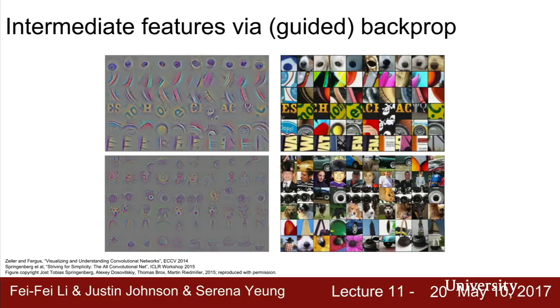Remember, for the example at the top, we thought this neuron is maybe looking for circle-y things in the input patch, because there were a lot of circle-y patches. When we look at guided backpropagation, we can see that that intuition is somewhat confirmed, because it is indeed the circle-y parts of that input patch which are influencing that neuron's value. So this is a useful tool for understanding what these different intermediate neurons are looking for.